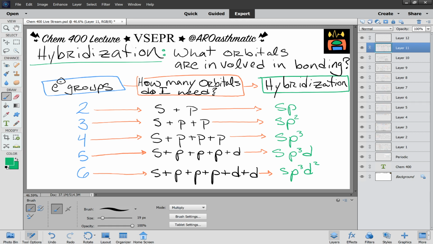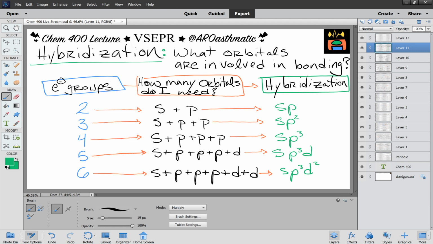Raj, great question. As it turns out, there are almost no examples in nature of more than 6 atoms attached to a central atom.